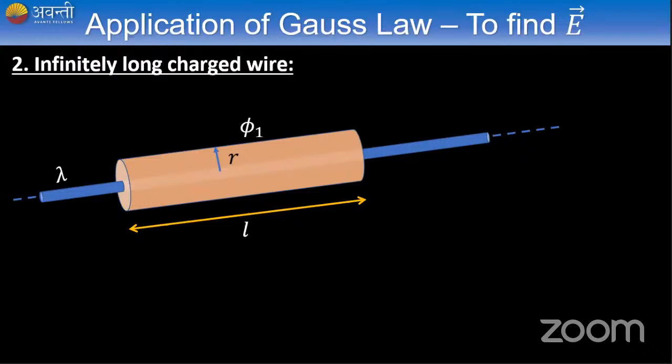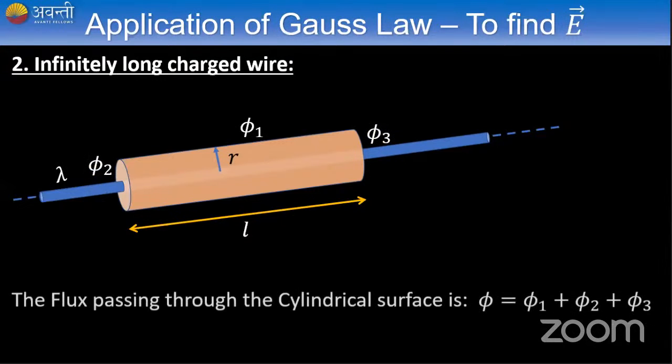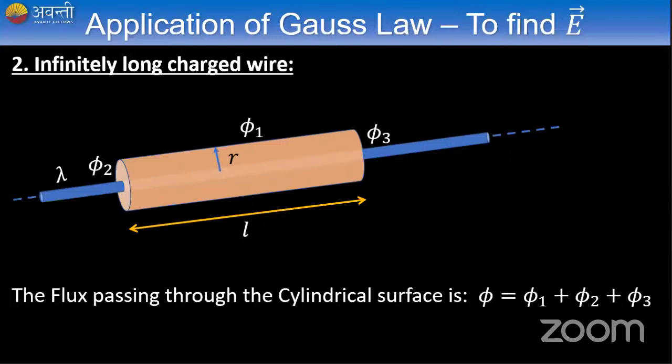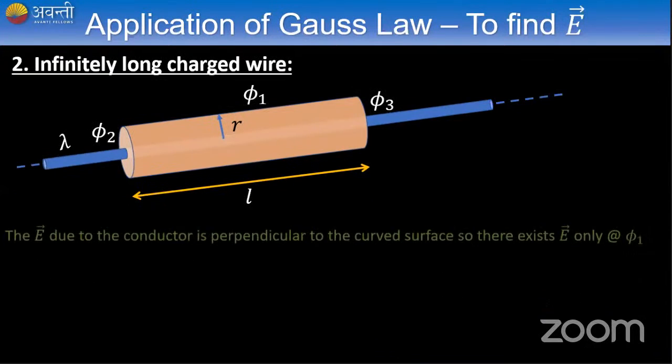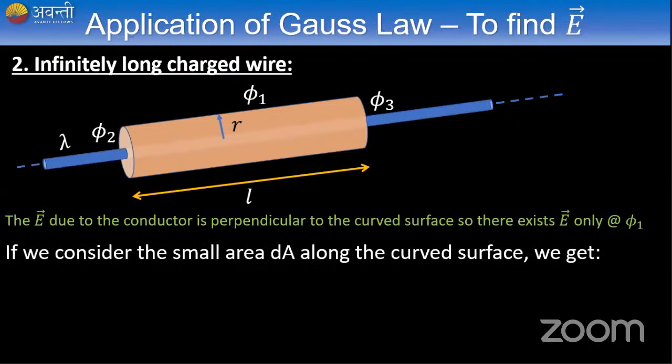Then we consider three fluxes here: phi1, phi2, and phi3, where phi2 and phi3 were the plane surfaces and phi1 was the curved surface. The electric field was emerging out, so the only flux considered was because of the curved surface, right?